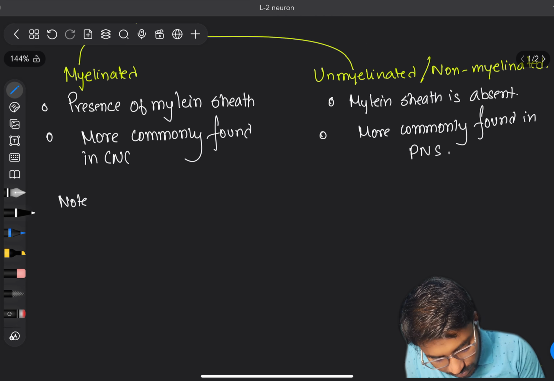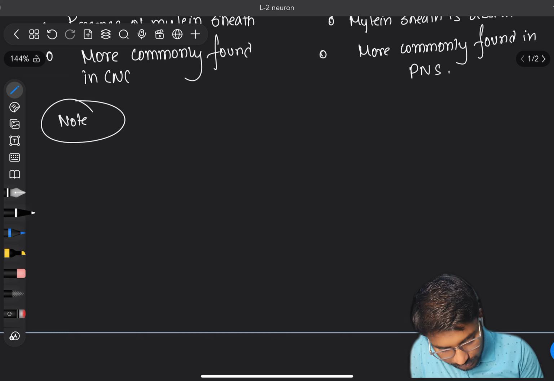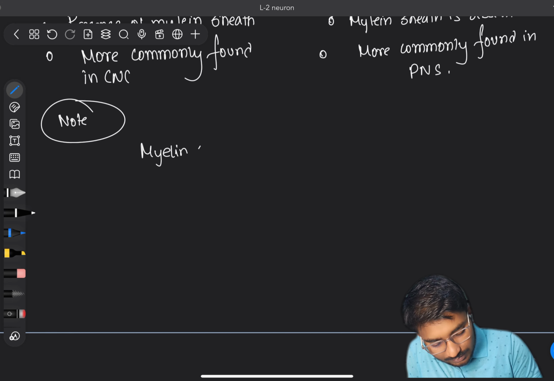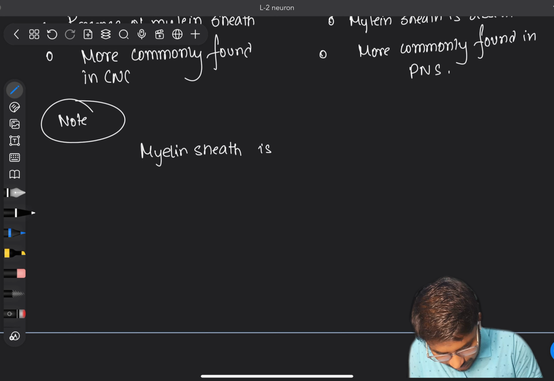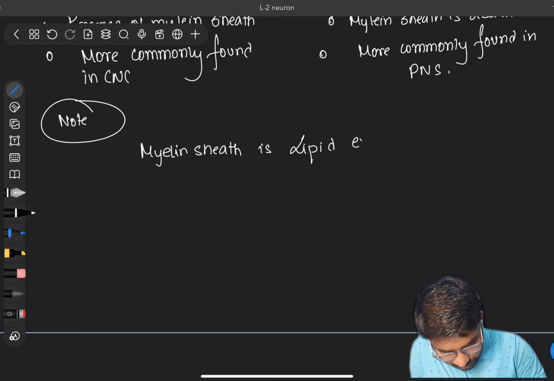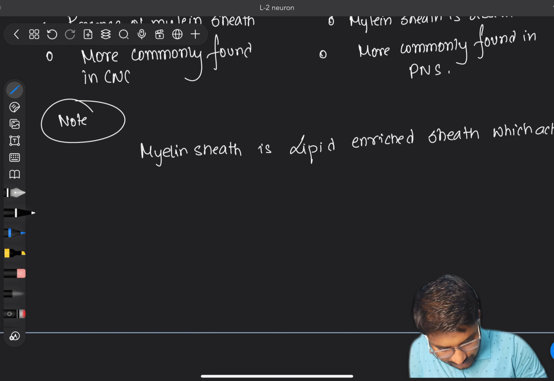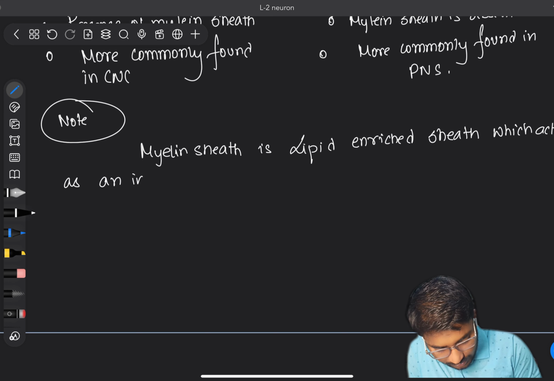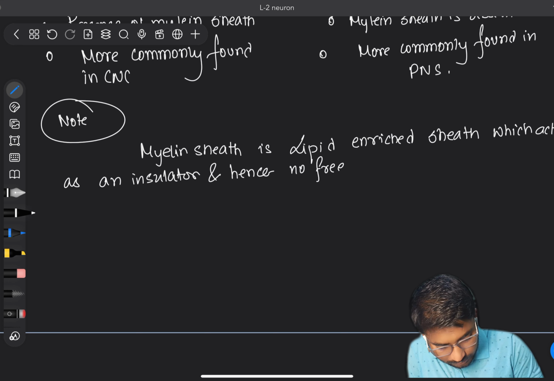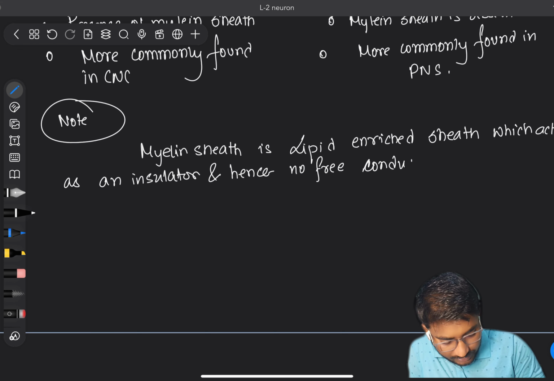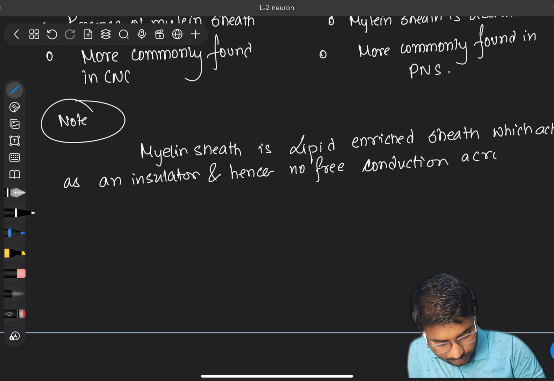Now, take it as a note. Myelin sheath is a lipid-enriched sheath which acts as an insulator, and hence there is no free conduction across it.